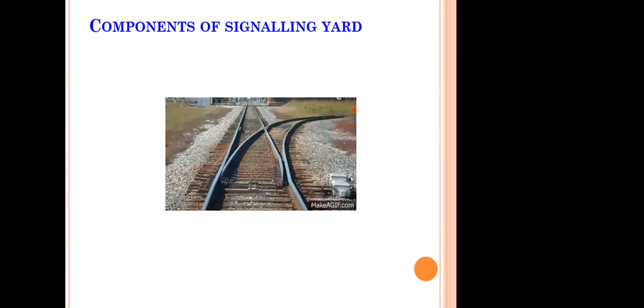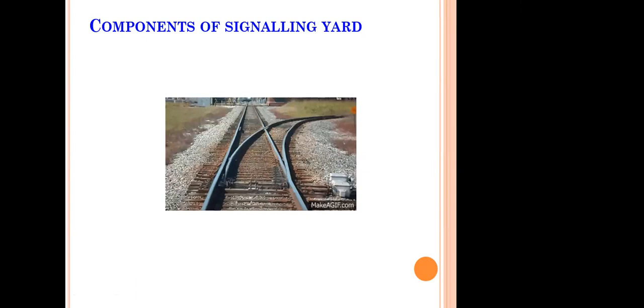And wherever there is a point, there are two different routes. One, a straight route, which a train can travel like this, or a train will get diverted. Anyway, each point will have two paths, and we call them normal and reverse.